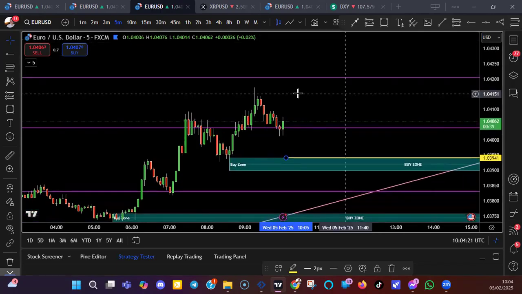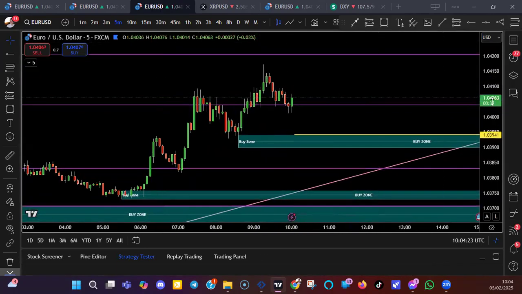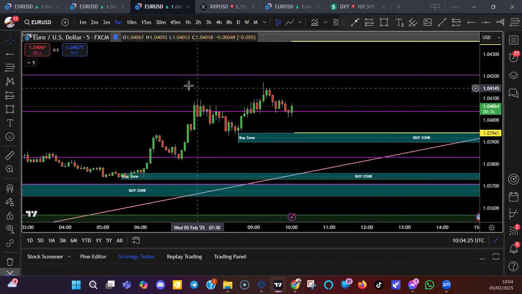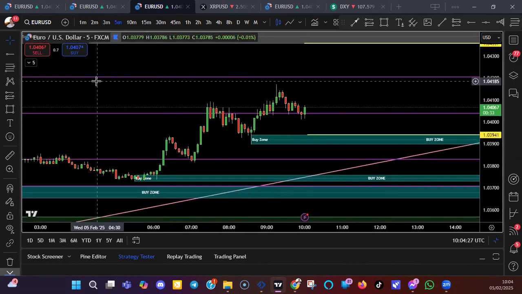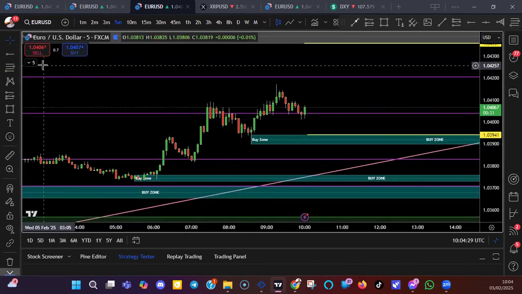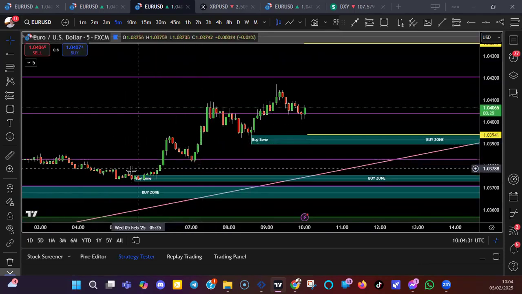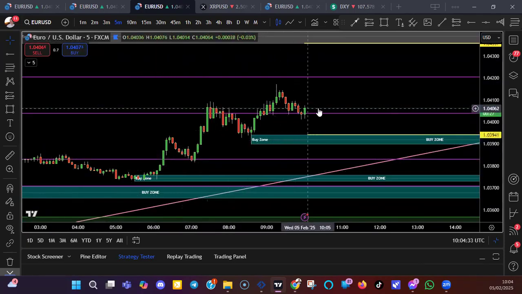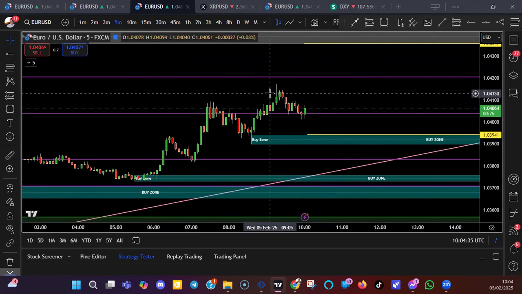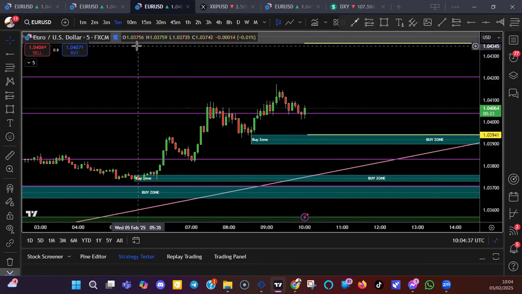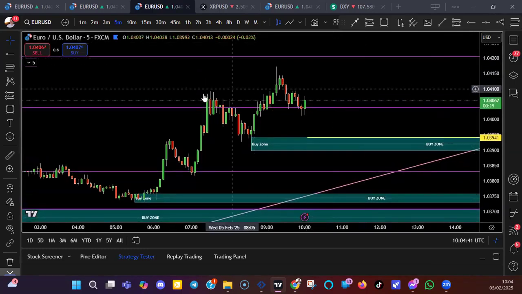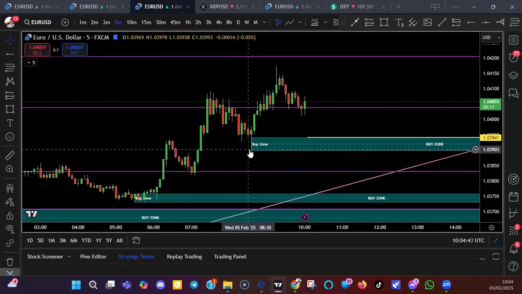So there's our horizontal lines. We want confirmation of buys, and price pretty much wants to buy because we saw it on the bigger candles. So buys is more prominent than sells, but we've already been into the buy zone there.